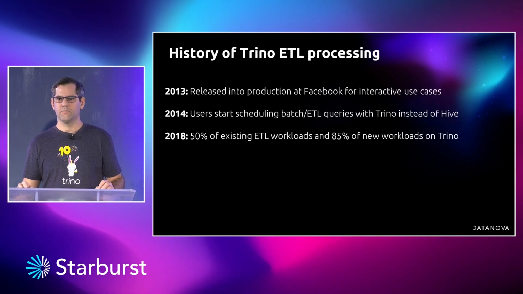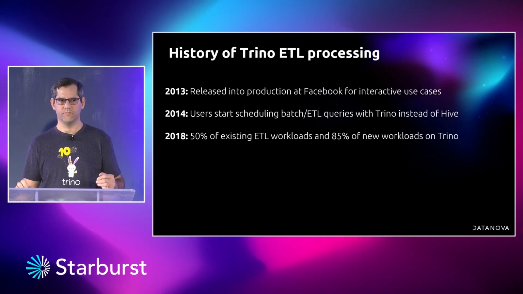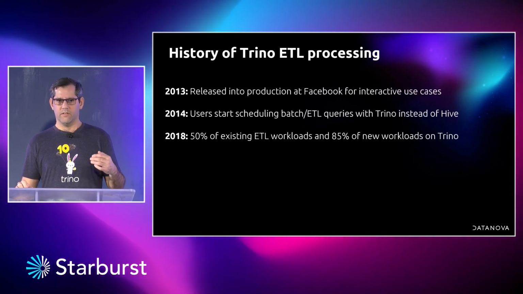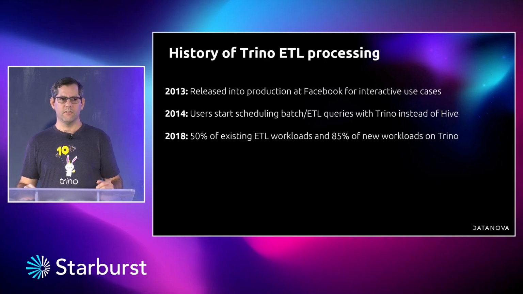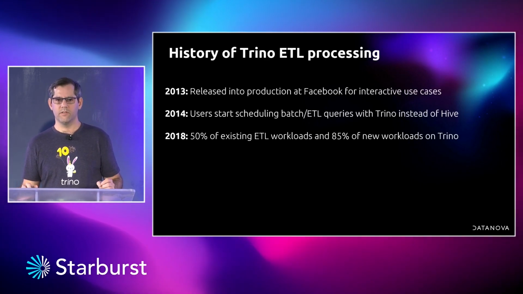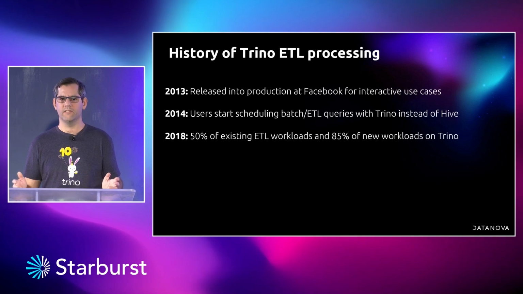That was pretty transformative at Facebook. We basically enabled data engineers to run analysis much more quickly. And some of them said, okay, well, if I can do this with interactive queries, why can't I do this with my batch ETL workloads?